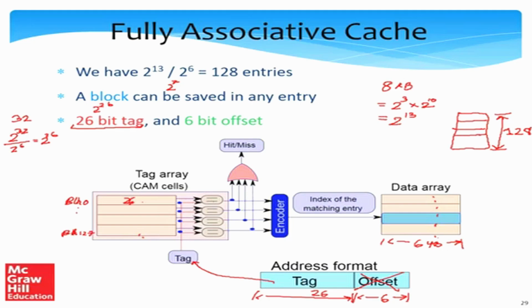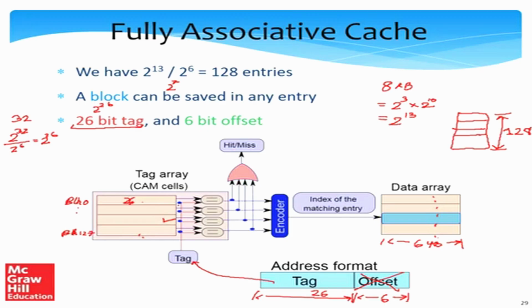After each comparison, we send the results to an OR gate. Since there is no duplication inside a cache, if there is a hit, it will hit in only one entry. So let's say it hits in this entry, so this will be 1, and the output of the OR gate is 1. If the output of this OR gate is 1, it means that there has been a hit.